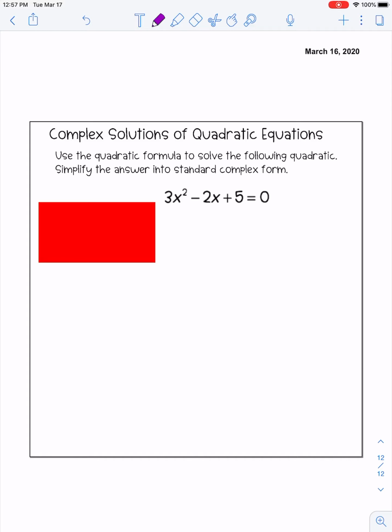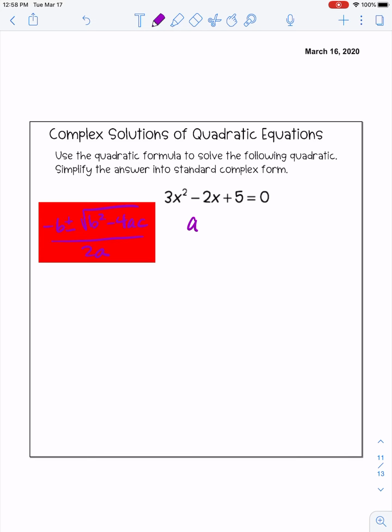So this is a quadratic that's a little bit more involved, and this is not factorable, so I would have to use the quadratic formula, which is negative b plus or minus the square root of b squared minus 4ac all over 2a, right?